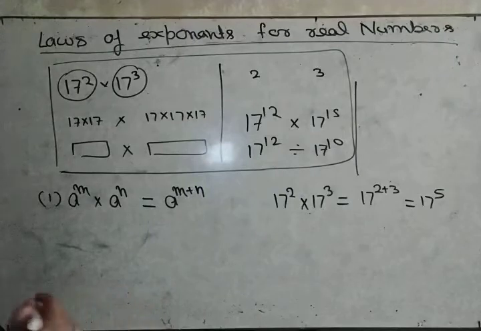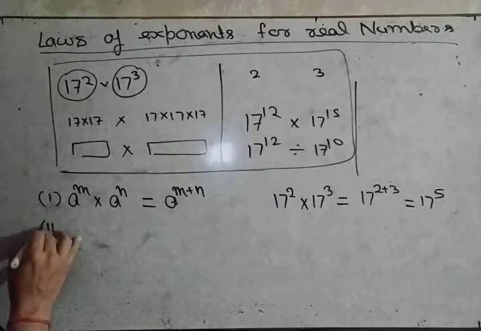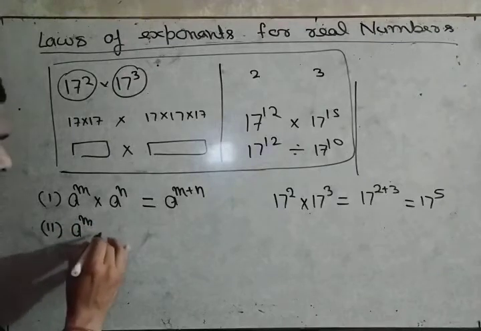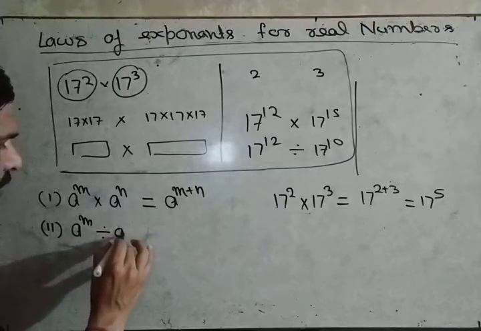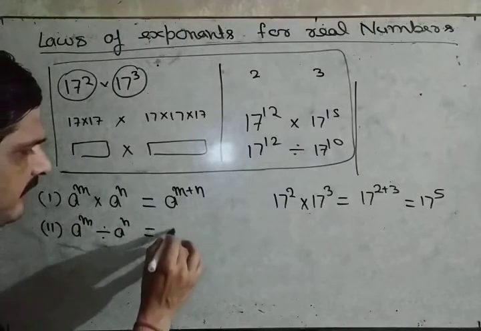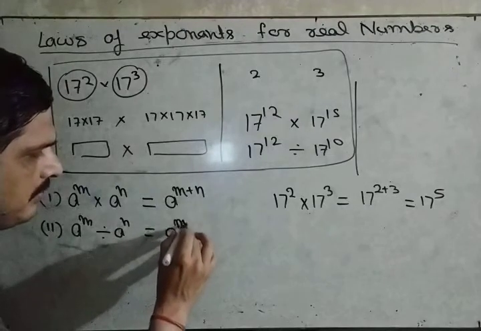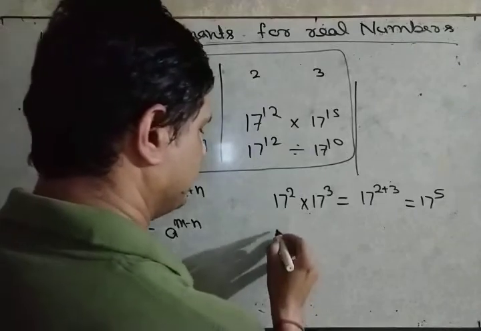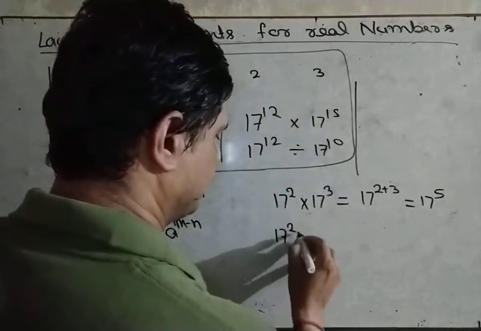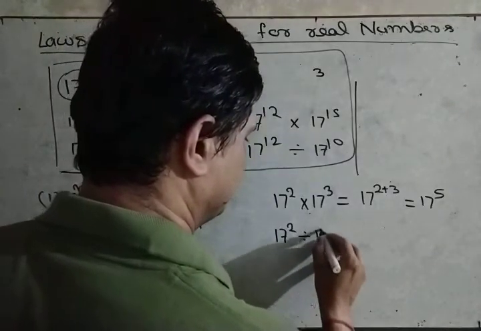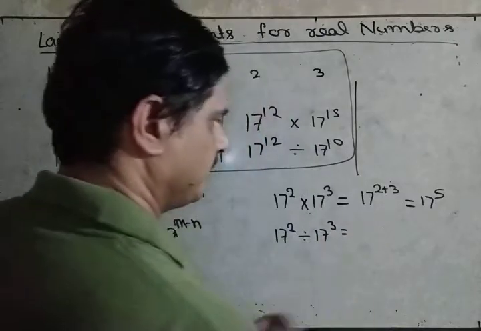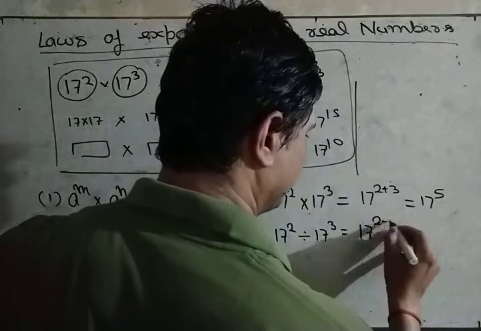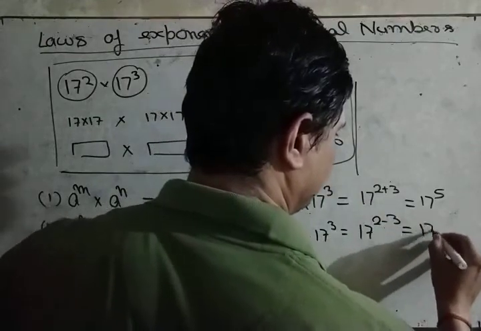Similarly, if a raised to the power m is divided by a raised to the power n, we have to subtract the powers. It means if this is like this, because it is dividing, we can subtract the powers.